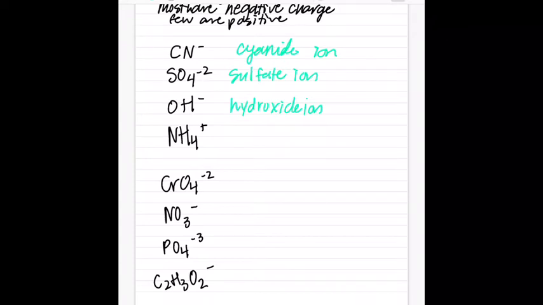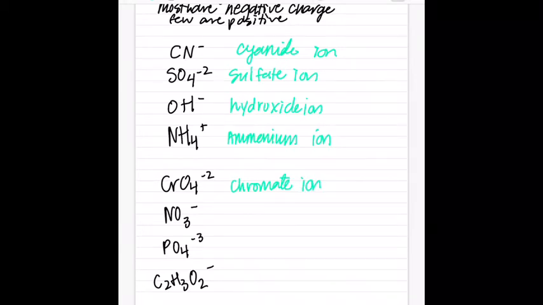NH4 plus 1 is ammonium ion. CrO4 minus 2 is, let me see, this one I forget. CrO4 minus 2, chromate ion. Some of these I have memorized, some of them I don't.